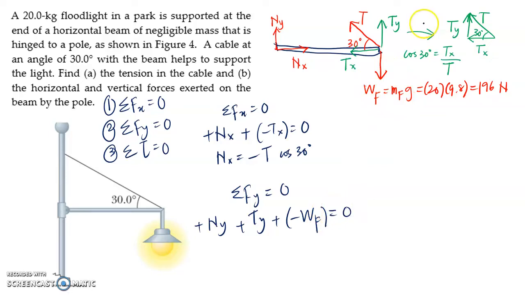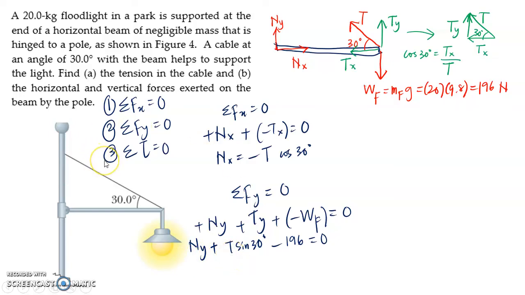So in the end, Ny plus T sine 30 degrees minus Wf, which is 196 Newton, is equal to 0. Again, we cannot solve the question because we have two unknowns, which is Ny and T.